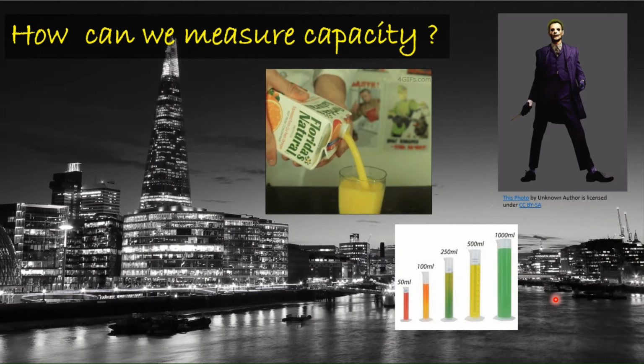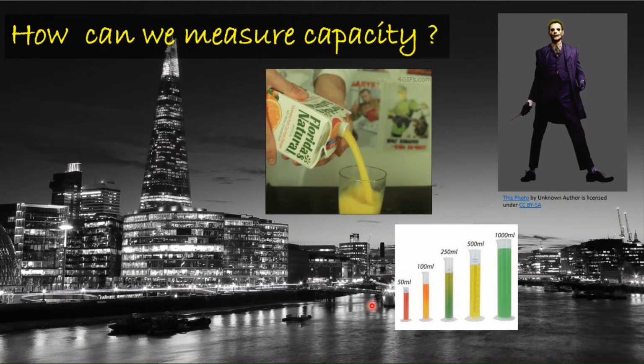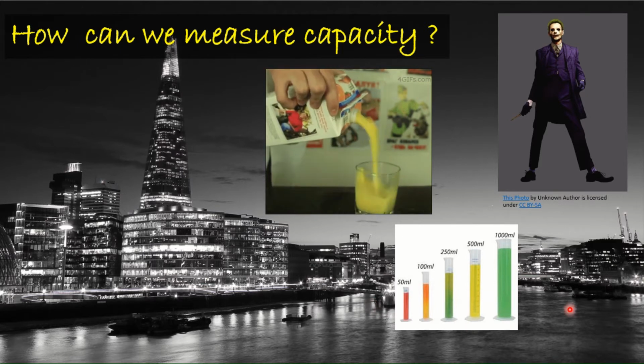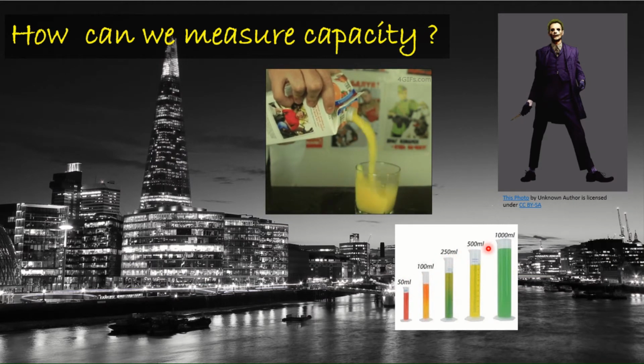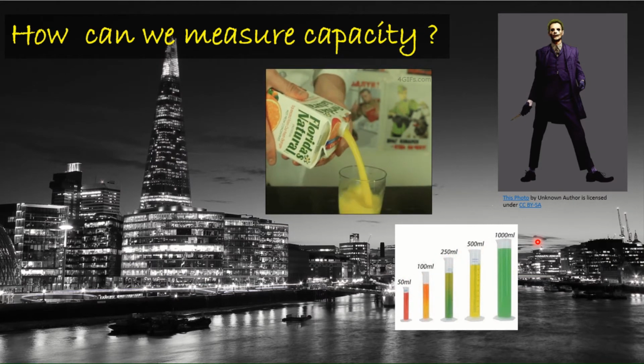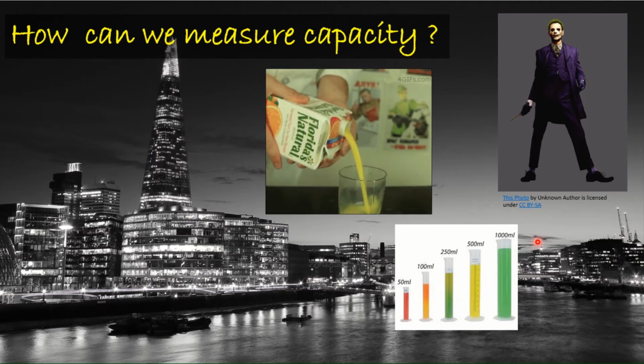Even the ladies measure the liquids for making the different dishes with this measuring cylinder. You can see the units. It's 50 milliliter, 100 milliliter, 250 milliliter, 500 milliliter, and 1000 milliliter. So it's not centimeter, meter. It is a different unit. We measure liquid in milliliters and liter.